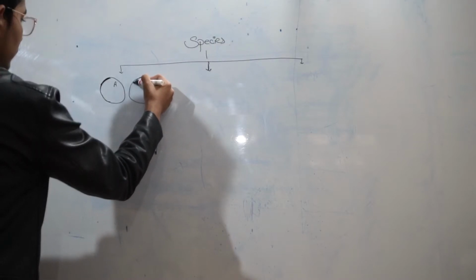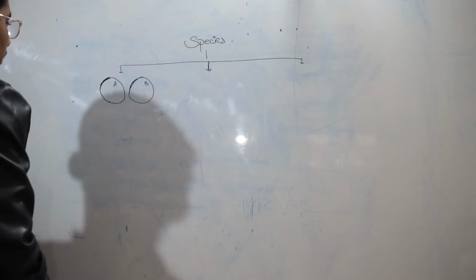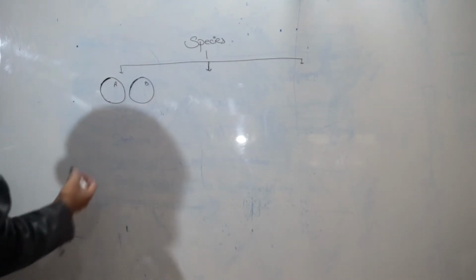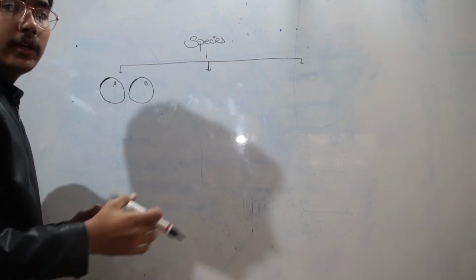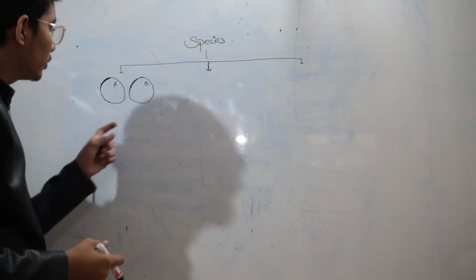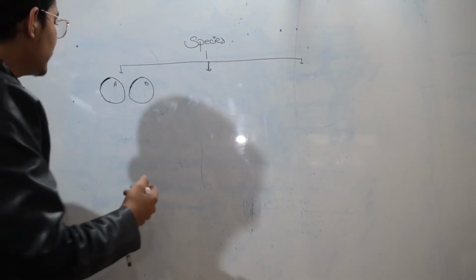There is another area in which species B is present. So here two species are occupying two different geographical areas.